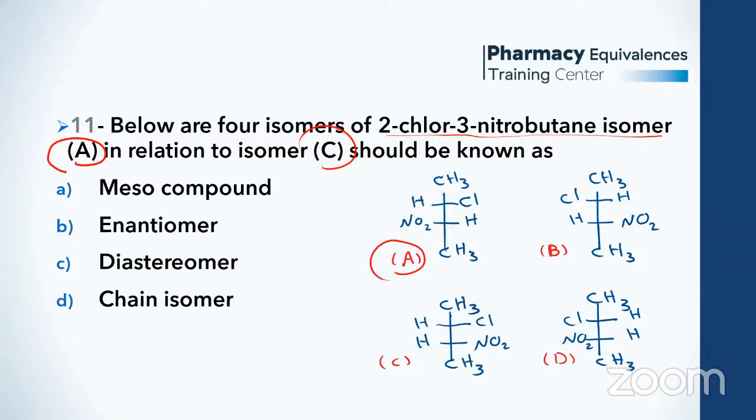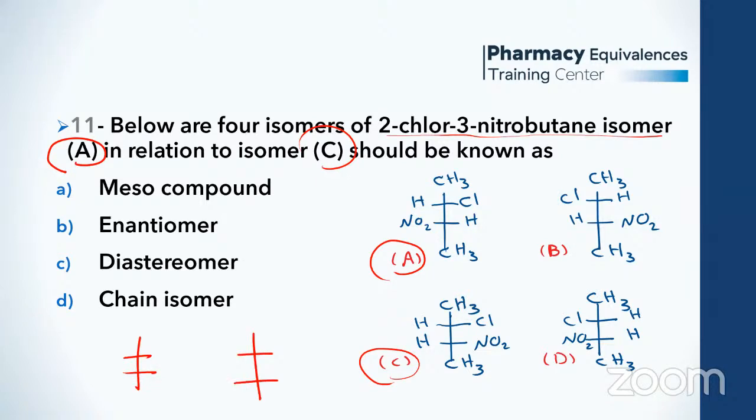This one and this one. Is it meso compounds, enantiomer, diastereomer, or chain isomer? Let us see the relation. Please, we can put them beside each other to be more clear.